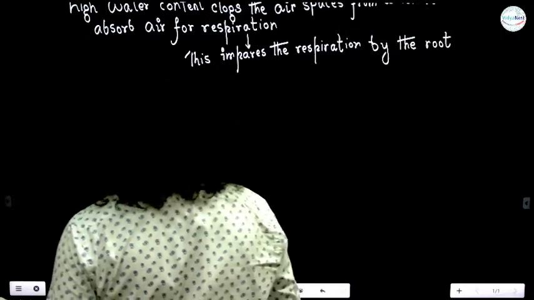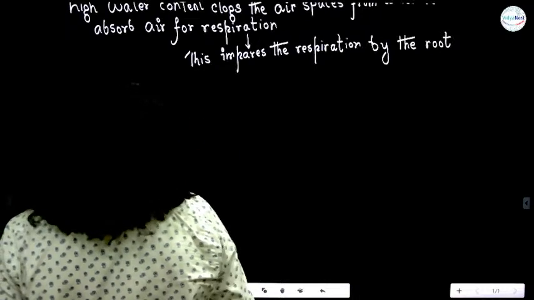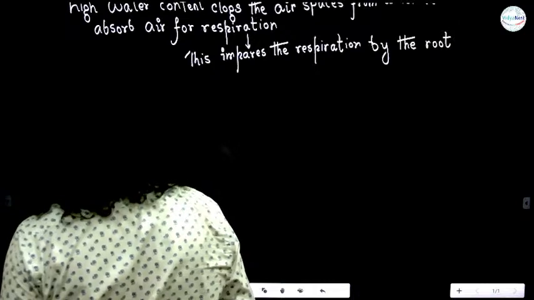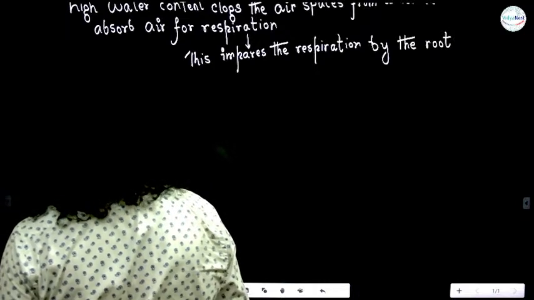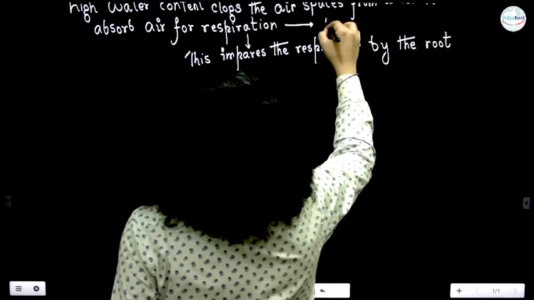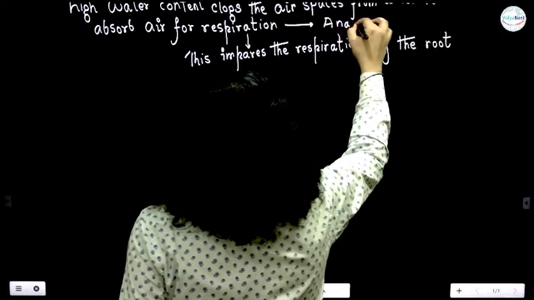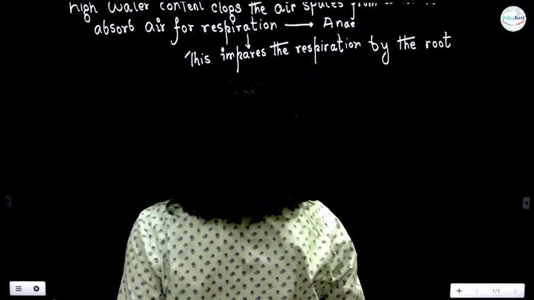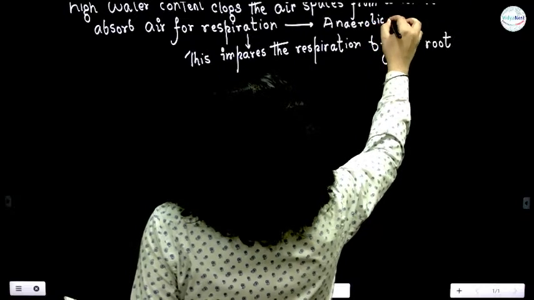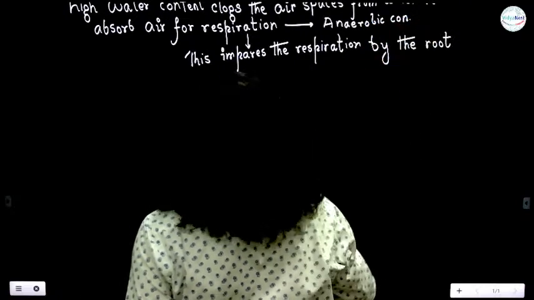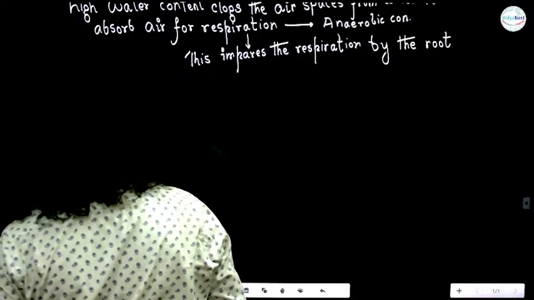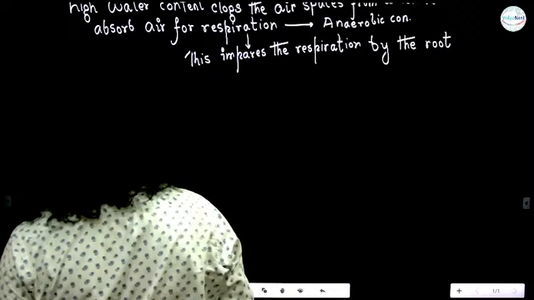Now, to adjust this condition, what will the roots do? A high water content is going to create an anaerobic condition, and the aerobic condition of the soil due to high water content will be stopped.